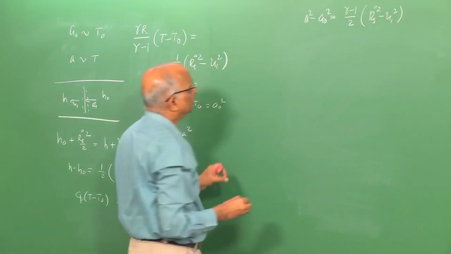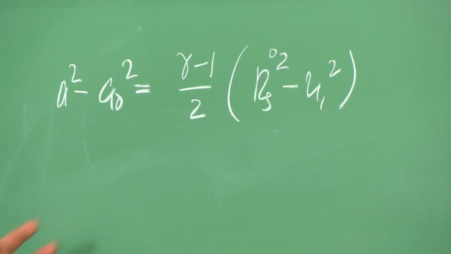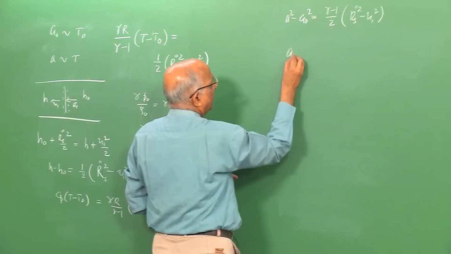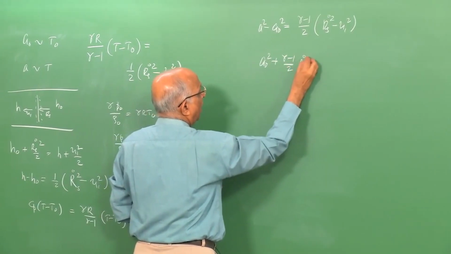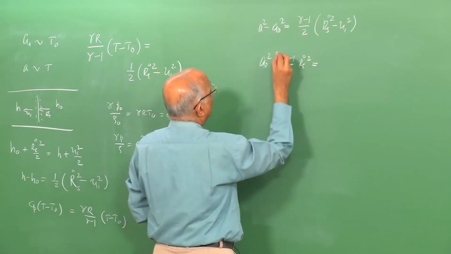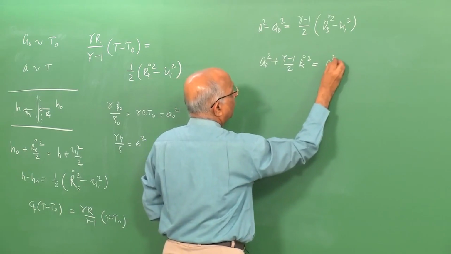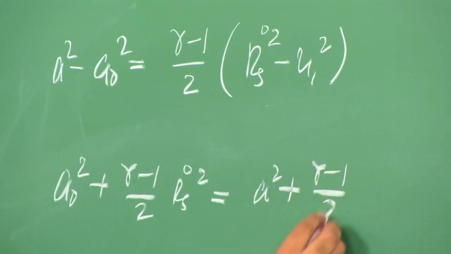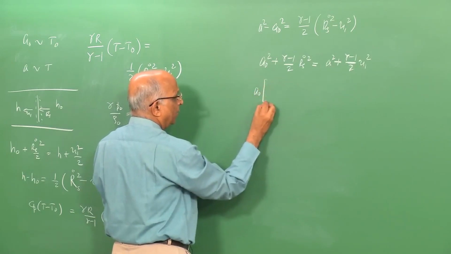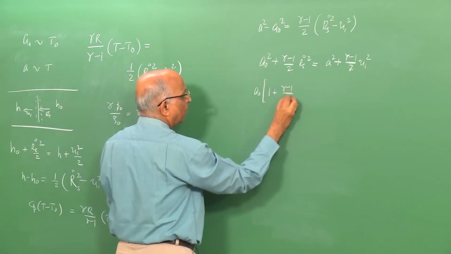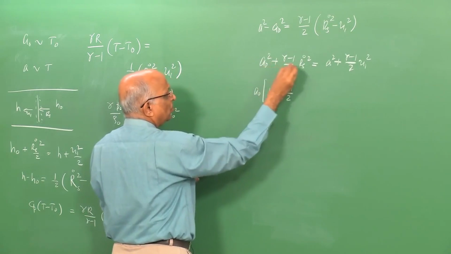Now, if I were to bring A 0 and rs dot together, I take it to the other side, I get A 0 square plus gamma minus 1 divided by 2 into rs dot square is equal to A square plus gamma minus 1 divided by 2 into u1 square. Now, if I take A 0 outside, I get A 0 into 1 plus gamma minus 1 by 2 into rs dot by A 0 whole square.